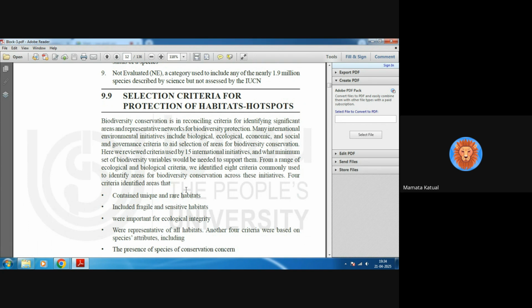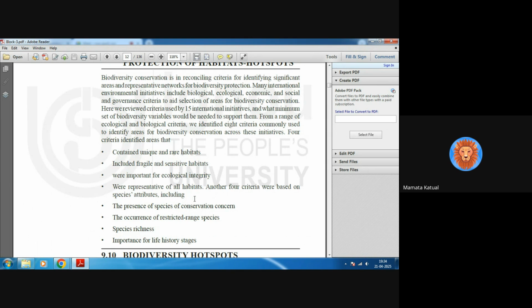Then selection criteria for protection of habitats and hotspots. For conservation of the biological hotspots, there are 4 criteria.